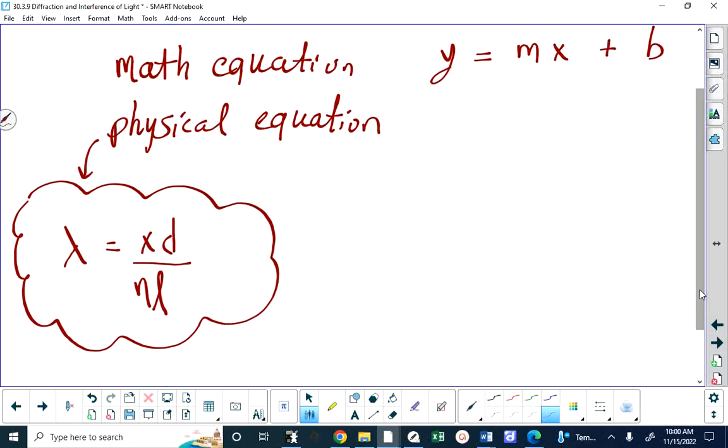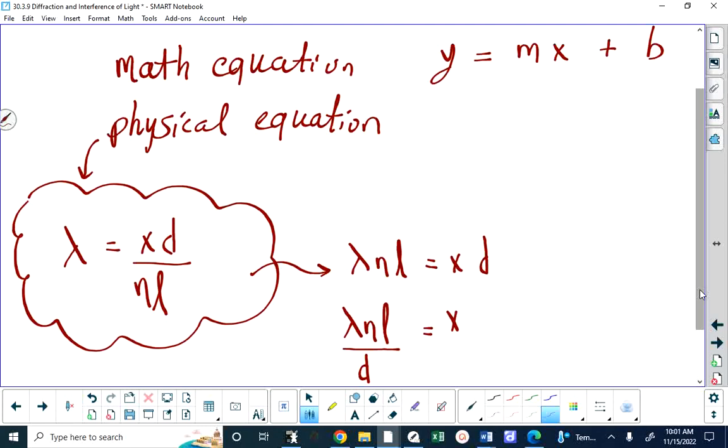We want to rearrange this equation for y that's plotted on the graph. So take a look at your graph. What variable from that equation is plotted on the vertical axis? It's x, isn't it? So we have to rearrange this equation for x. Well, if I cross multiply, I get nl lambda equals xd, which means x equals n times L times lambda over D. Capiche?